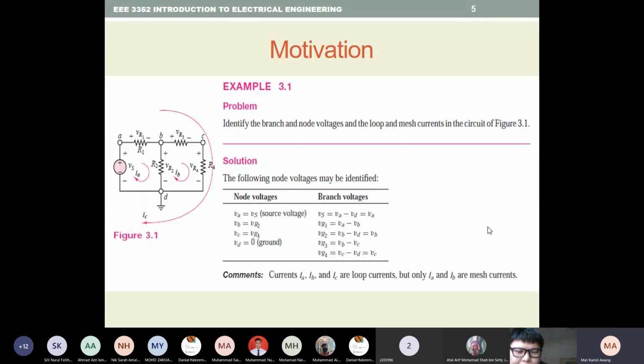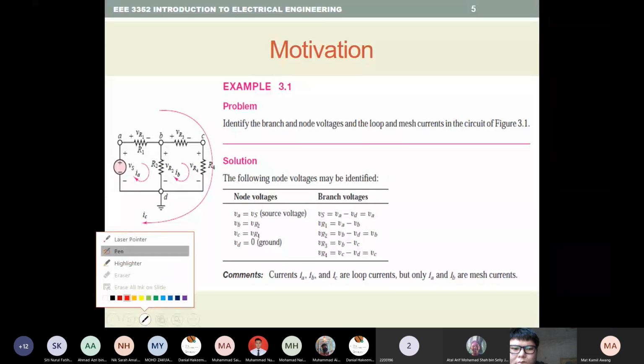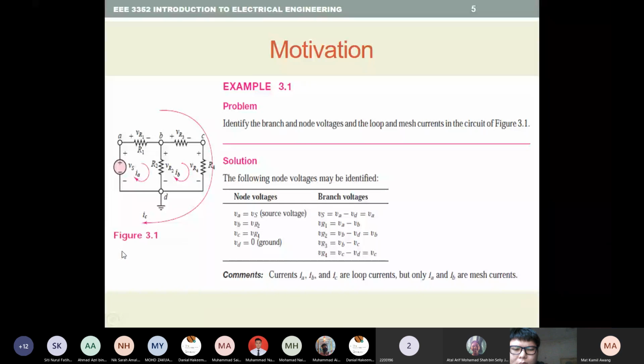What's the definition of the node? Last week, it is the point where 2 or more elements meet, right? So in this case, you have the voltage source meeting the first resistor.